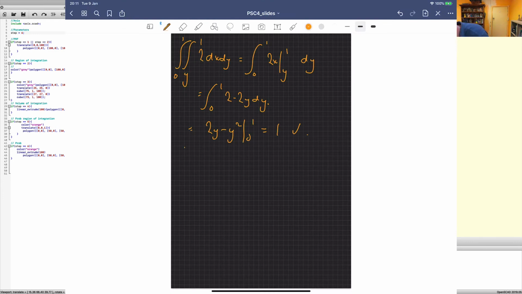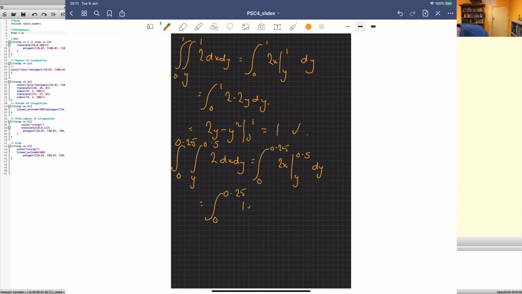So let's do the calculation. We've got now from 0 to 0.25, x goes from y to 0.5, 2 dx dy, which is 2x from y to 0.5 dy, from 0 to 0.25.